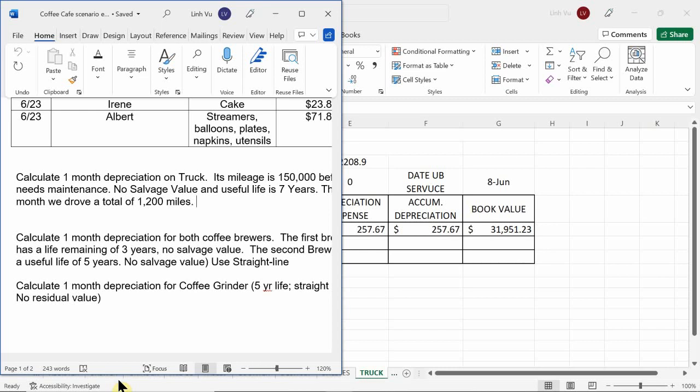Because it was already used, it now only has an estimated useful life of 3 years remaining. It's been appraised. And of course, we end up buying a brand new coffee brewer, our second one, through Haley Bros. So that one, since it's brand new, has an estimated useful life of 5 years.